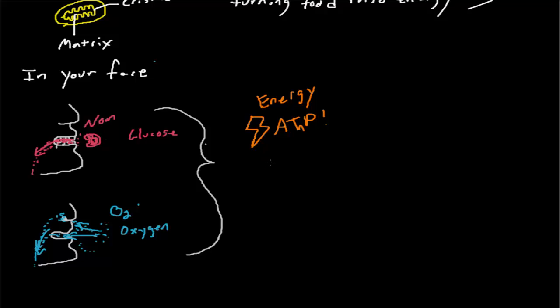Okay? Now, there are some byproducts, too. There's some stuff we don't necessarily use. When we combine glucose and oxygen, we also end up with a gas. You know what gas this is? Hopefully, somebody's thought about it. You end up with carbon dioxide, which our lungs are very good at getting rid of.